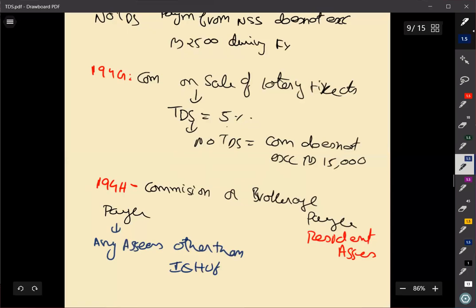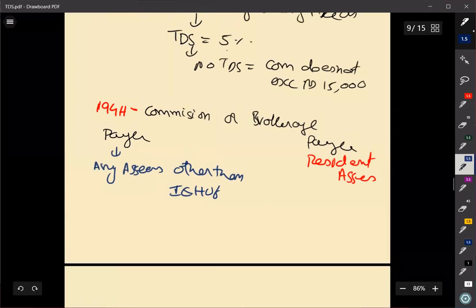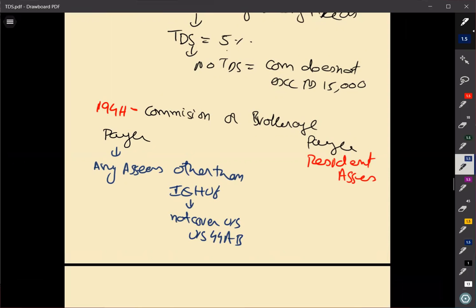Even an individual or HUF is covered if they are covered under tax audit, which is section 44AB. If you are not covered under 44AB, then 194H is not applicable to you. If you are covered under 44AB, 194H is also applicable.